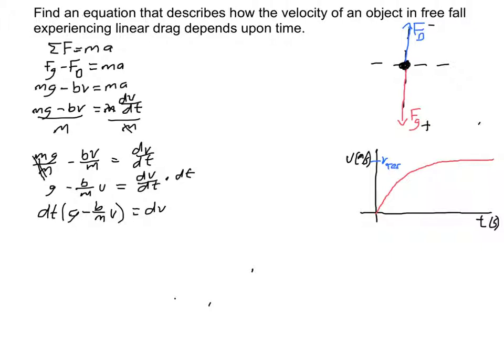So I divide both sides by g minus b over m times v. So now this cancels out, leaving me dt equals dv over (g minus b over m times v).